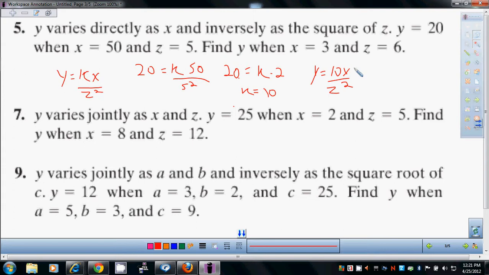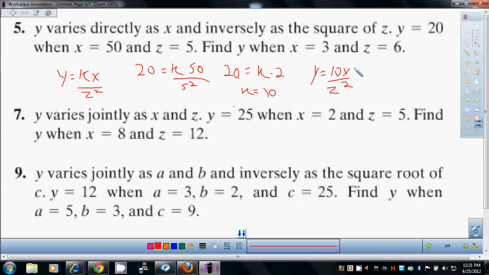Questions? I know we didn't quite finish up number 5, but I'm trusting you can just plug in the numbers correctly. Yeah, 30 over what? 30 over 36? 5 over 6? Yeah. 2x. Where do you see 2x? Oh, because as the square of z, so we squared it. Yeah.